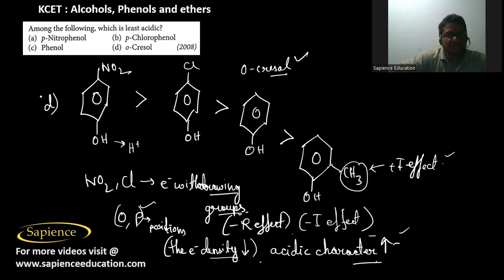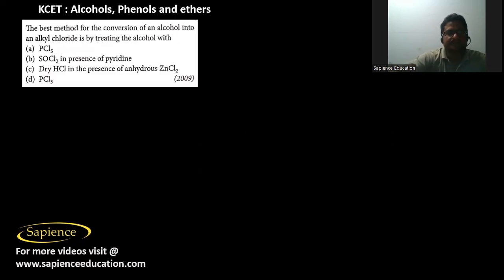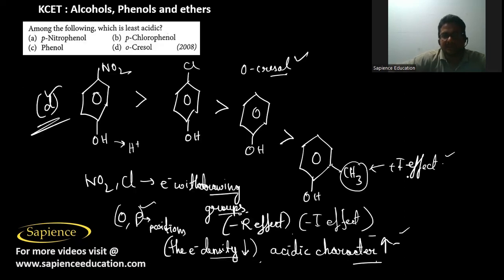So option D is the correct answer. Here the plus I effect increases the electron density in the ring, and hence the acidic character will be decreased.